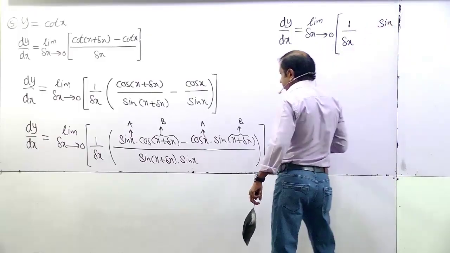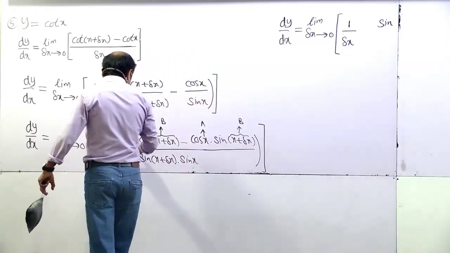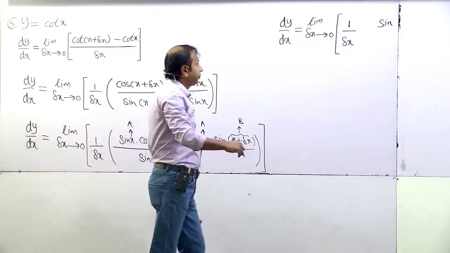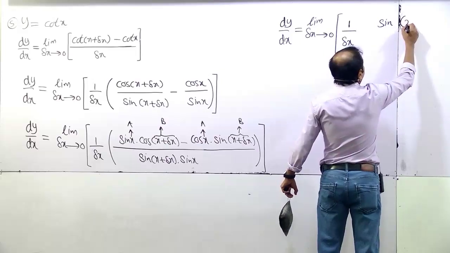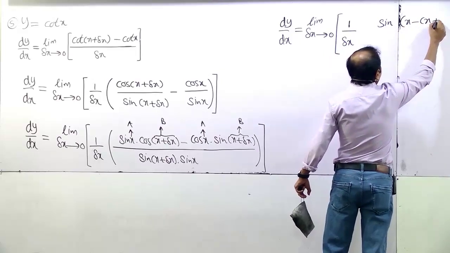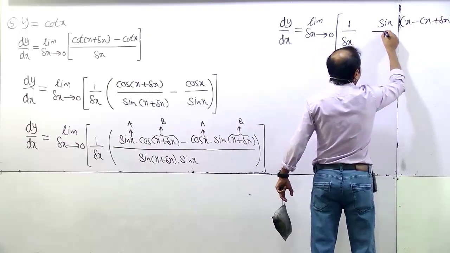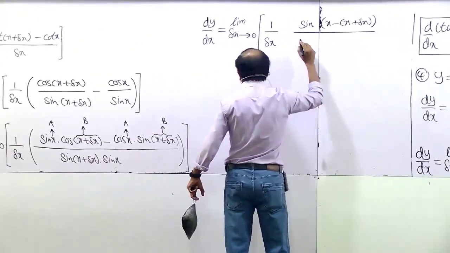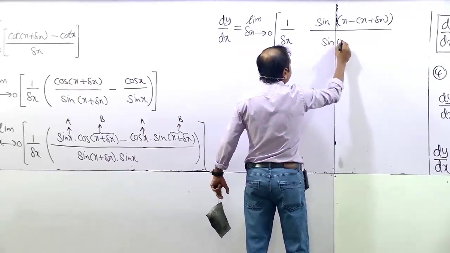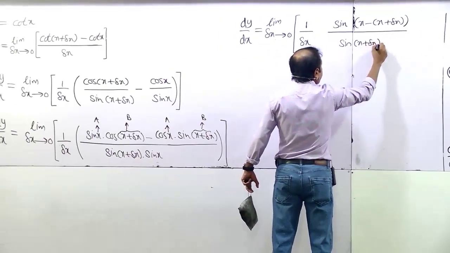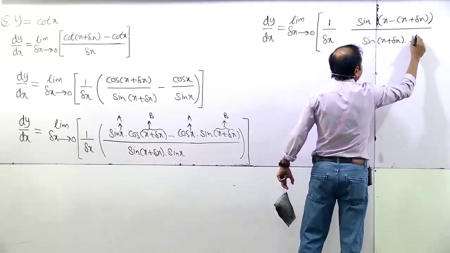Sin A minus B, x minus x plus delta x, like this, divide by sin x plus delta x into sin x.